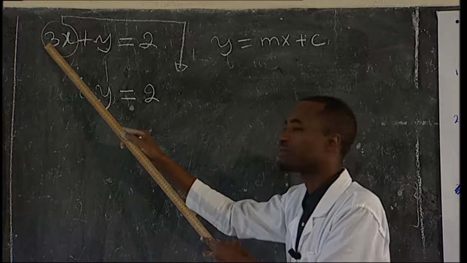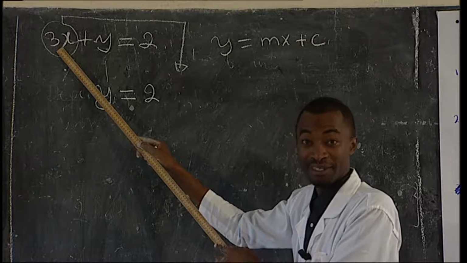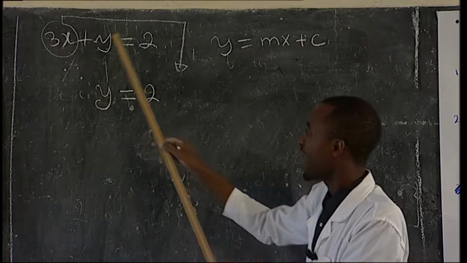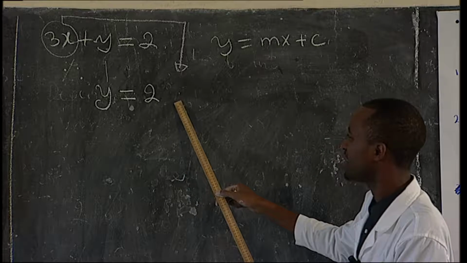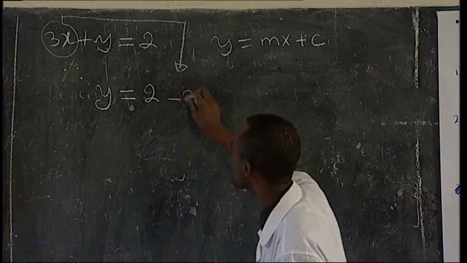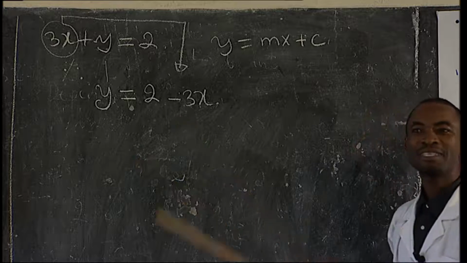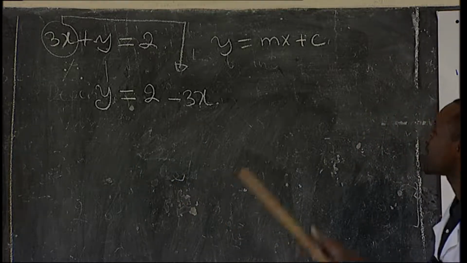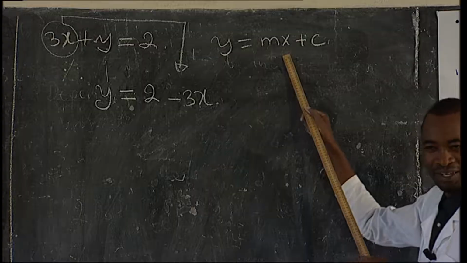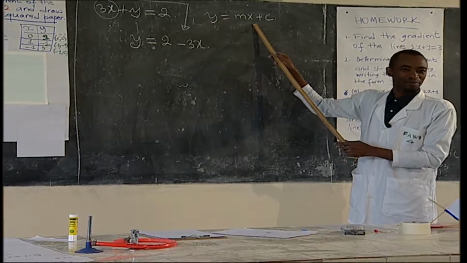What is the sign of 3x here? It is positive. And when it goes here, it will be negative 3x. As you can see, we still have a long way to go to have it in this form.